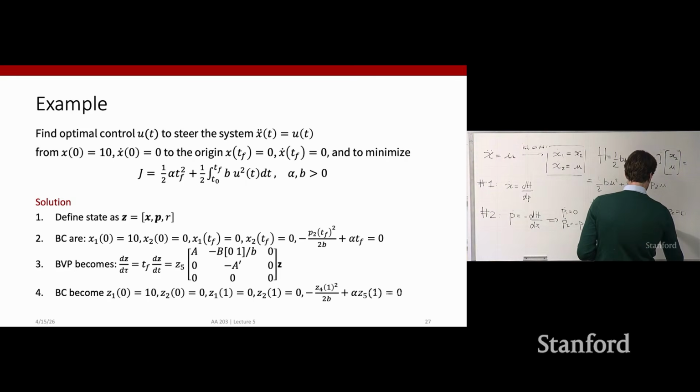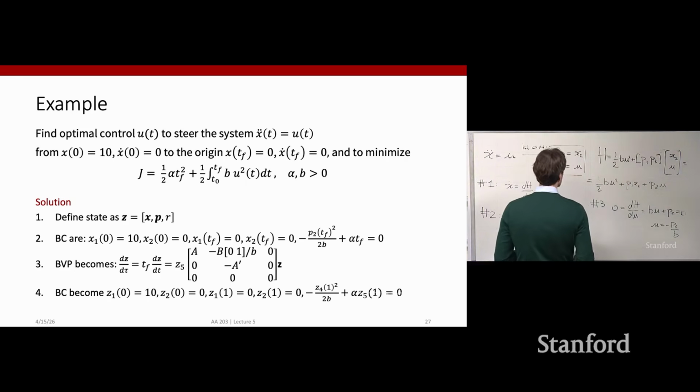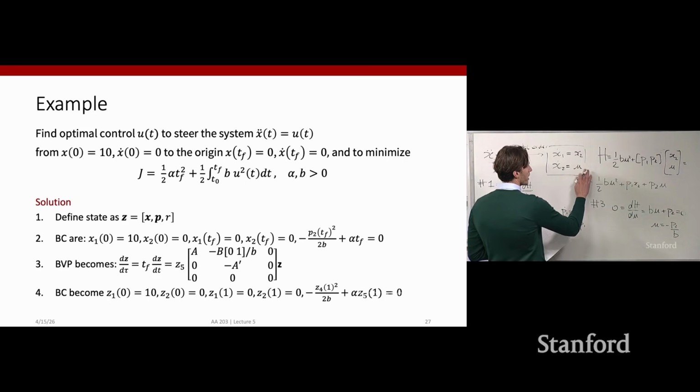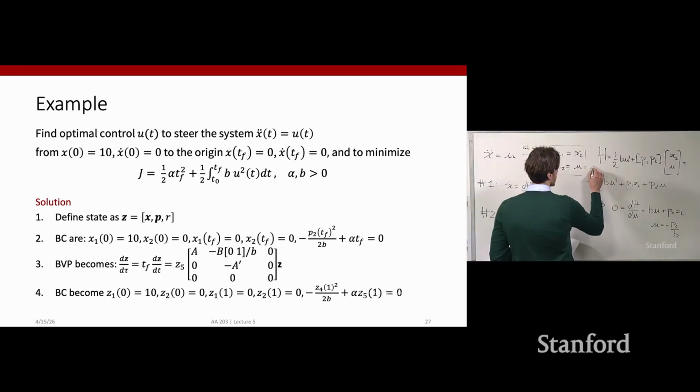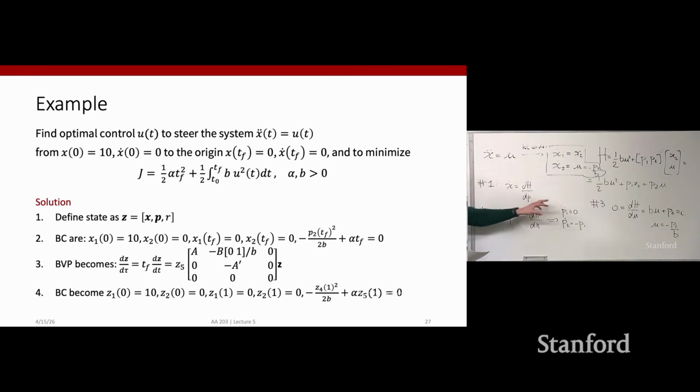And so essentially u is minus P2 over B. And so here we can update this as minus P2 over B. Because remember that usually mechanically how we solve this is that we use this third condition to express u as a function of x and P, and then we do the appropriate substitutions in our differential equations. Okay, so these are our conditions.